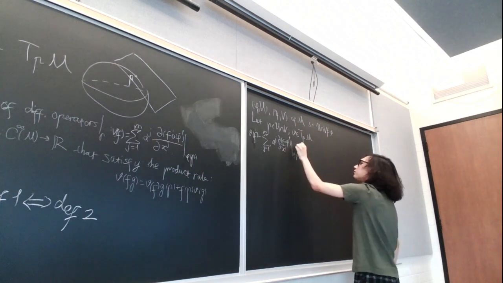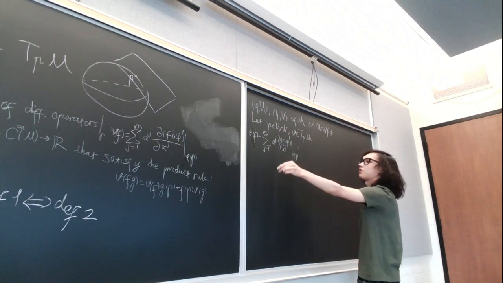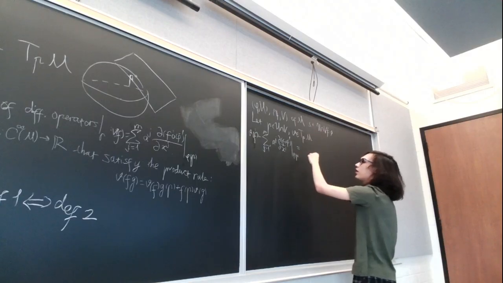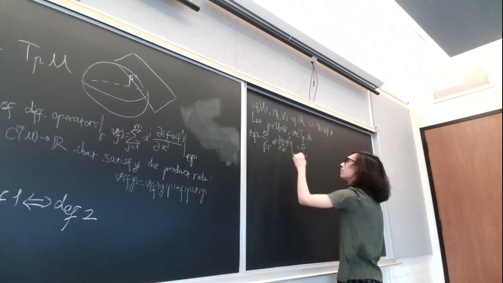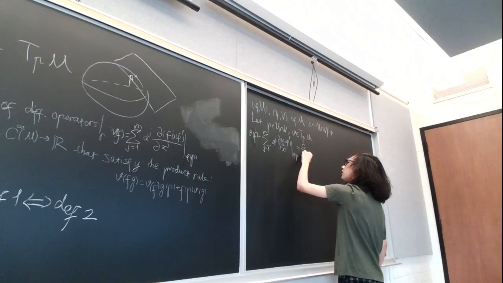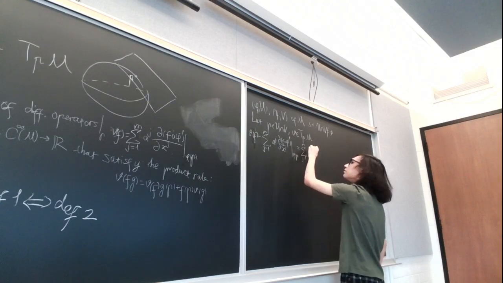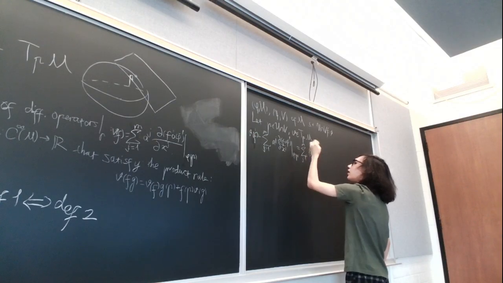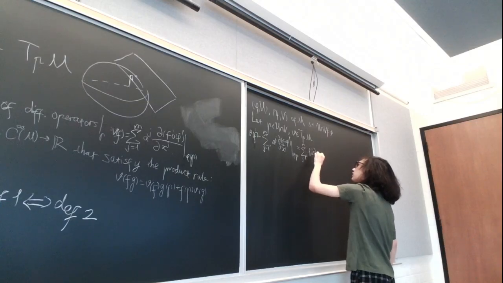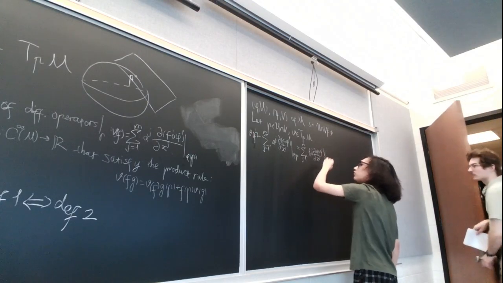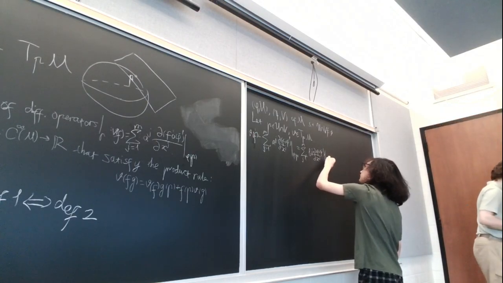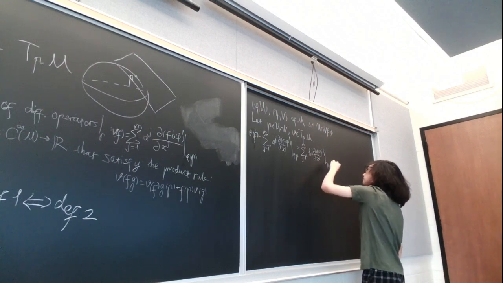We also have, by the same definition but for the other chart, that this is equal to, again, a sum, this time of some coefficients b_j times the jth partial derivative of f of psi inverse, evaluated at psi of p.